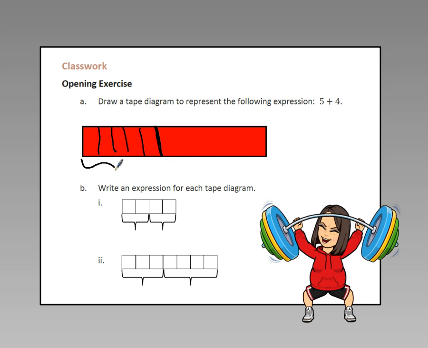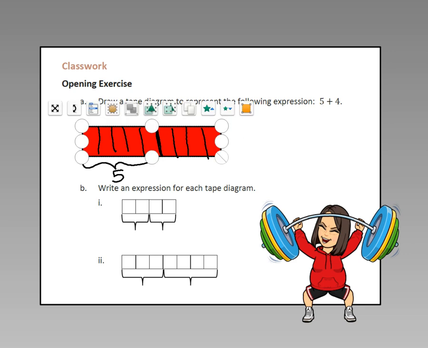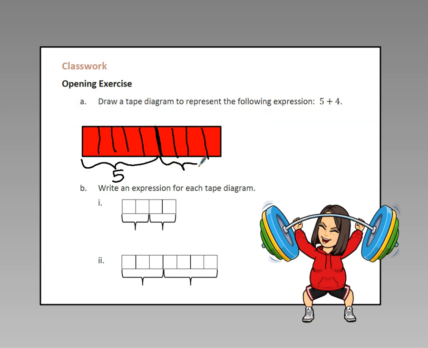So here is 5. And in the second one, I'm going to have 4, 1, 2, 3, which means I need to make this a little smaller. And then I have 4 right here. And therefore, 5 plus 4 is 9.